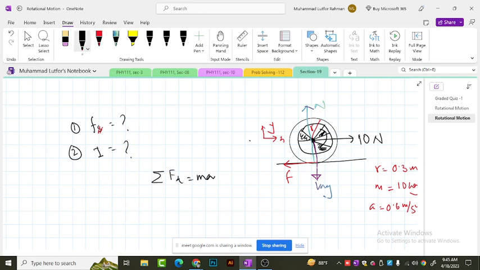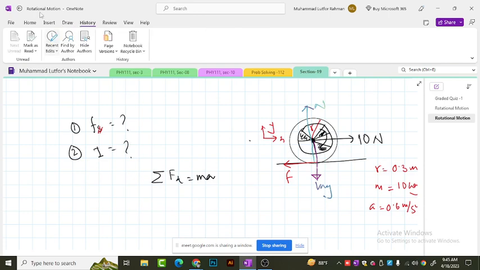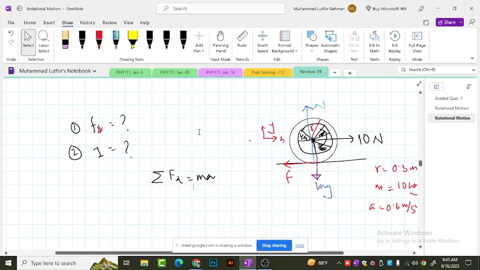Because it's moving in that direction with the acceleration 0.6 meter per second square. That's given. So there are two forces acting on this wheel: 10 Newton towards the positive x direction and the frictional force towards the negative x direction, right? Then I'll write 10 minus F must be equal to ma.